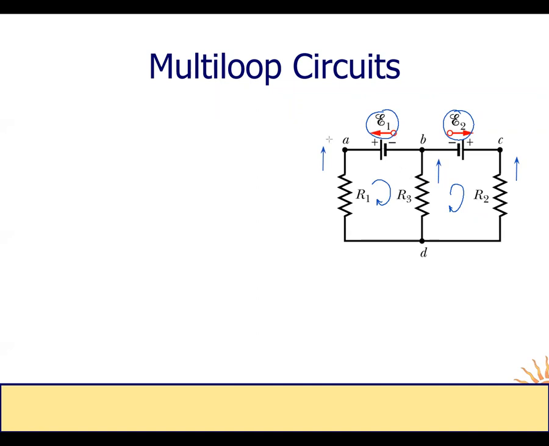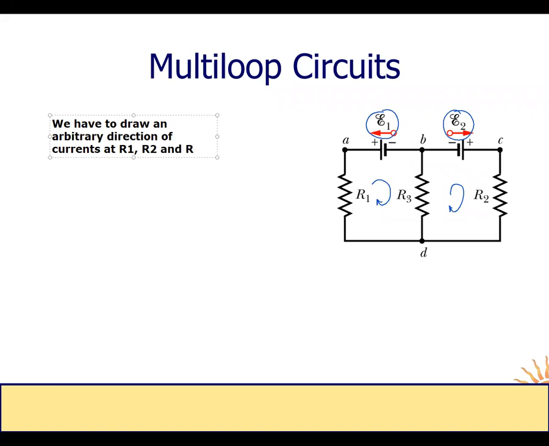In this case, what do we have to do? We have to draw an arbitrary direction of current at R1, R2, and R3.